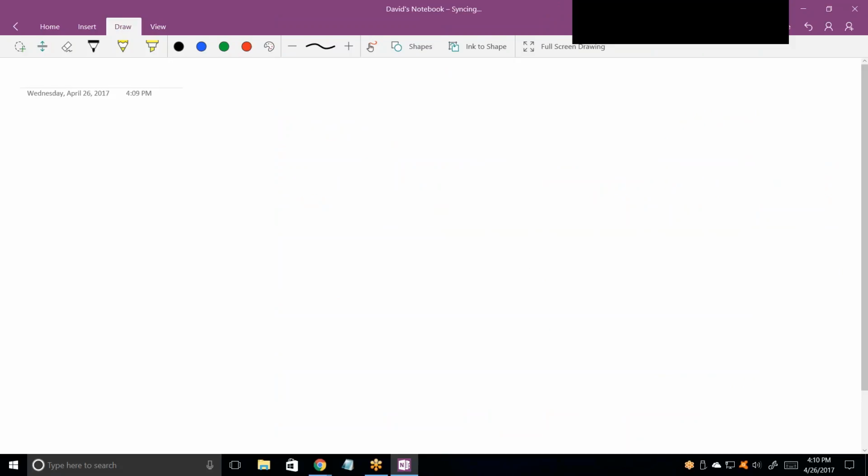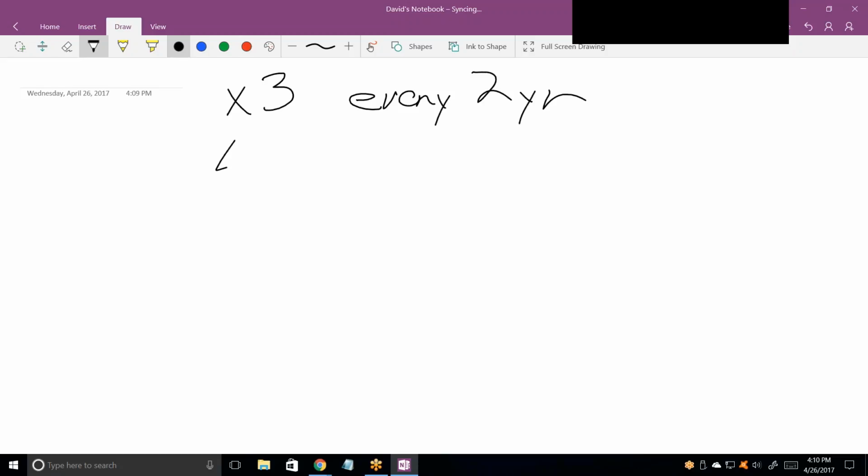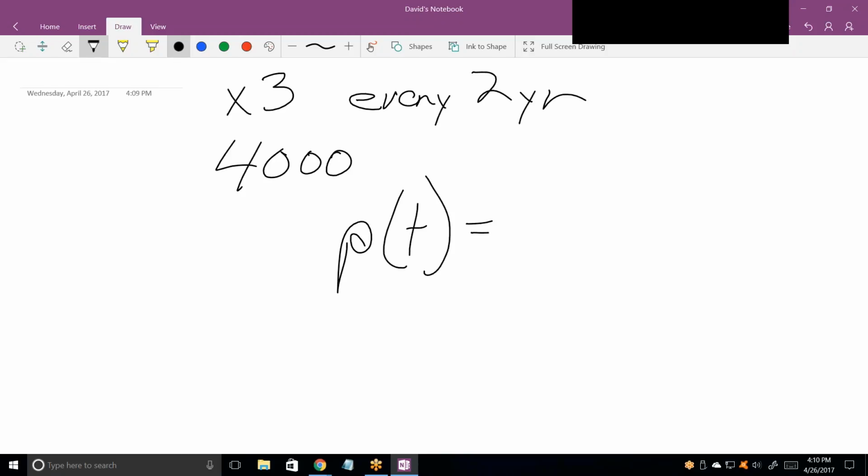Okay, the population of a town is tripling every 2 years. If the population was initially 4,000, write a function that describes the scenario. Use P of t for the population at time t. Okay.